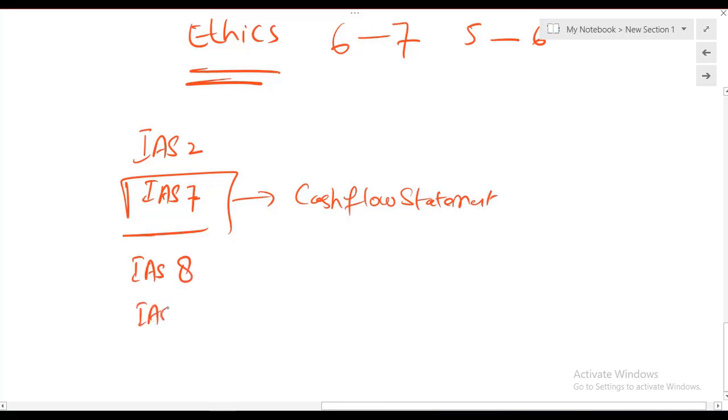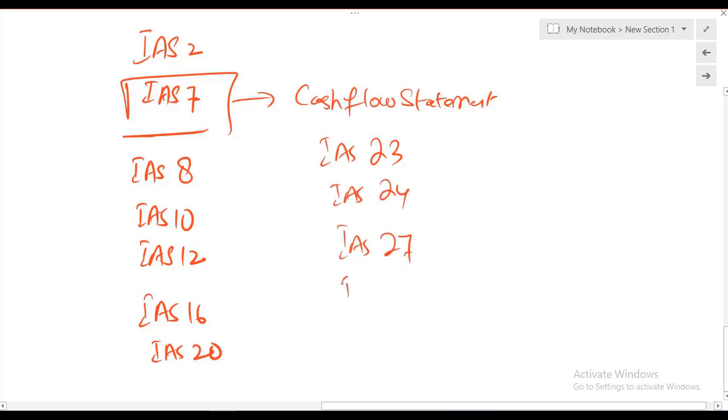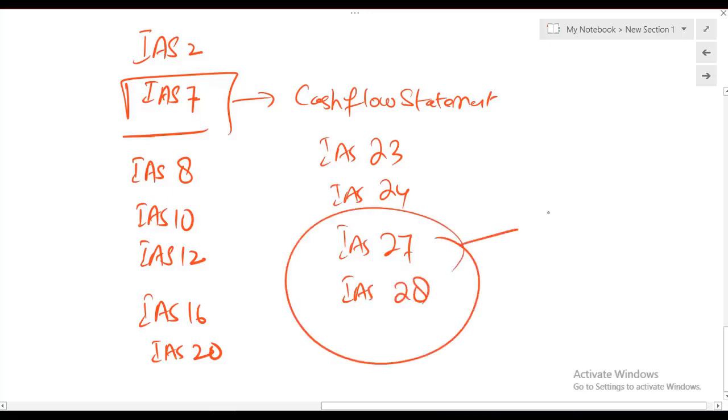We also have IAS 10. We have IAS 12, income taxes. We have IAS 16. We have IAS 20. We have IAS 23, IAS 24, IAS 27, 28. These IASs will be covered when we'll be studying, inshallah, consolidation.